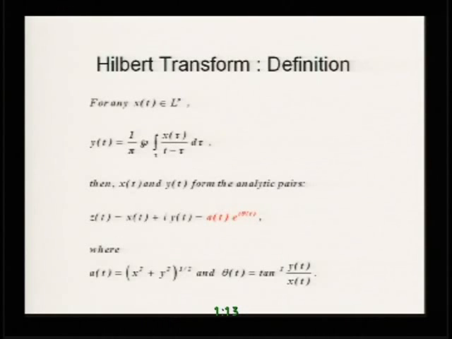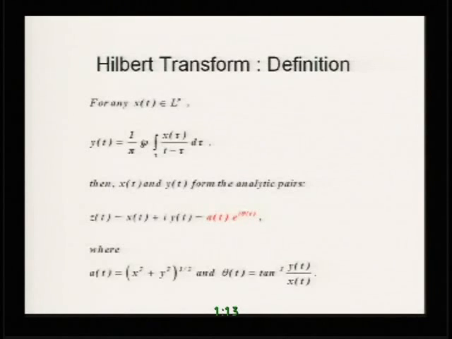If I write it in polar coordinates, I get a beautiful expression. Then I know exactly how the amplitude changes, and I also know exactly how the frequency changes. I know everything now. This is just unbelievably nice.